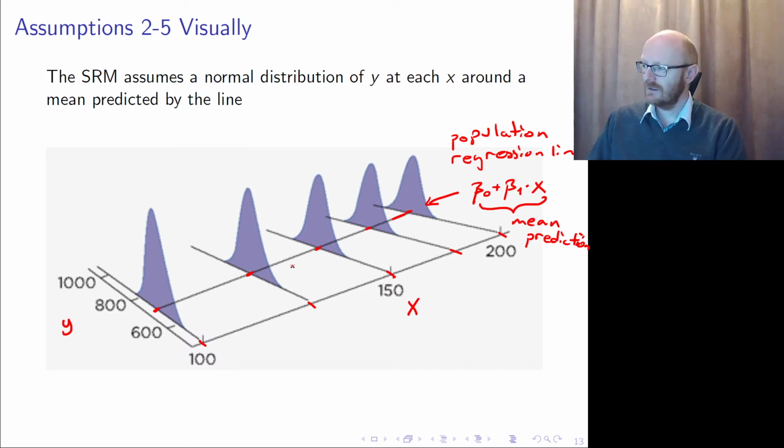And around this prediction you would have all these errors, or you would have an error which is caused by all the other factors besides x that affect the outcome y.